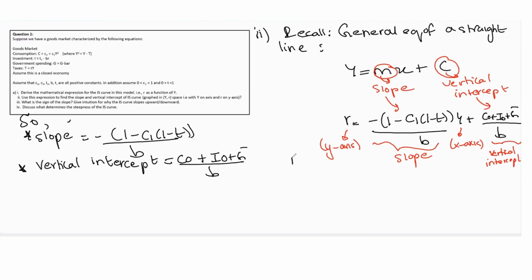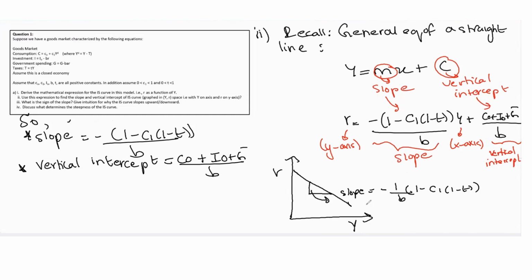If I were to roughly plot our IS curve over here, on the vertical axis, like we said, we're plotting R. On the horizontal axis, we're plotting output, income, or production. The slope in this case is negative. We'll discuss that in more detail in the next part, but this is just to show you a sketch. So we're going to plot it like this.